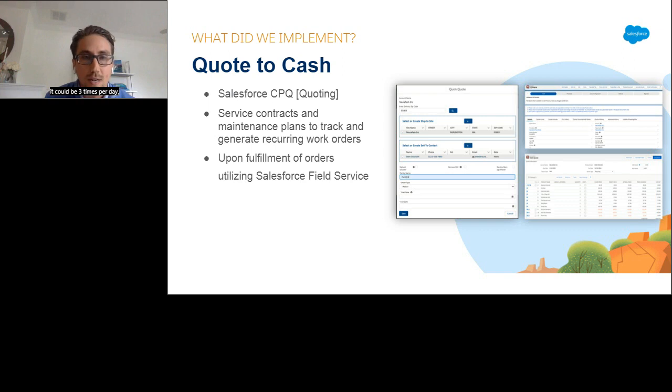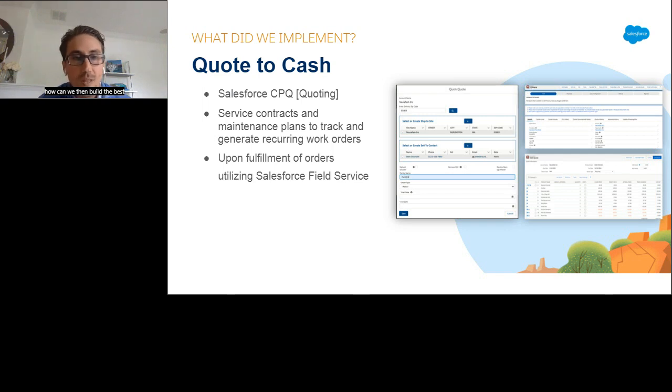So we collect all that information up front, upstream in the process, and then automate the entire process from generating the quote, to generating the order, to generating the service contracts based on the different products. When do we need to be on site? So that downstream within the system, Field Service understands what assets need to be delivered, number one. And then once we deliver that, where is it actually located?